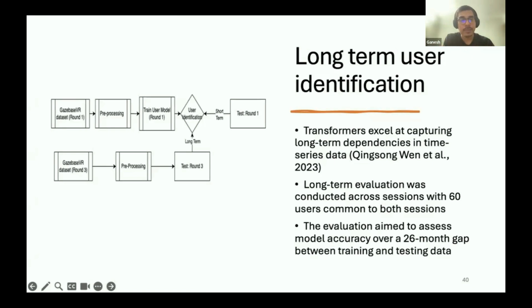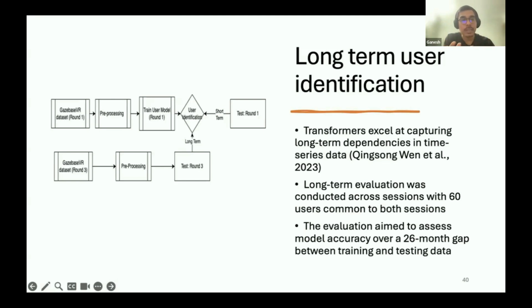So we want to see how eye tracking works in the long term, because fingerprint doesn't change or your iris pattern doesn't change, but behavioral biometrics is data, so it changes periodically.